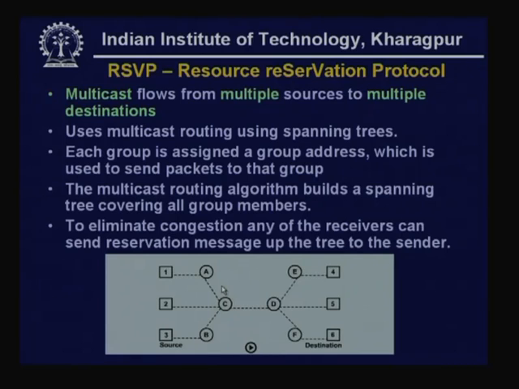Then we shall discuss another important technique, which is known as resource reservation protocol. This is particularly important in the context of multicast applications. So far we have discussed point to point data flow. That means there is a source, there is a destination.